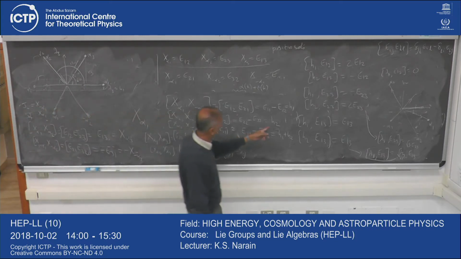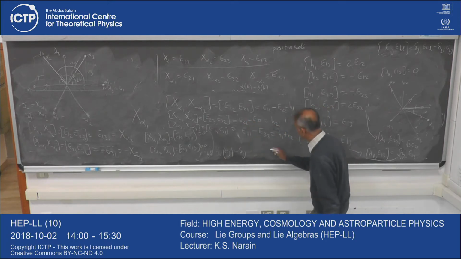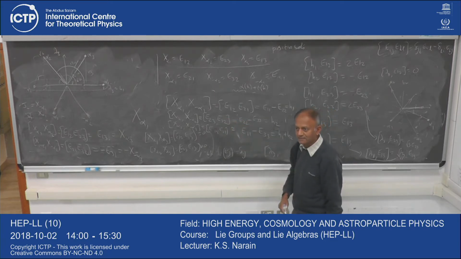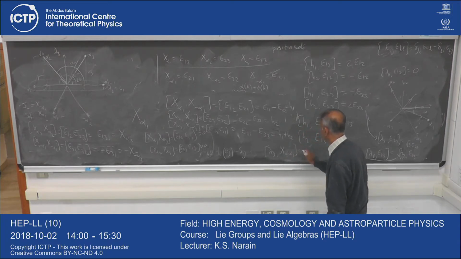A particular combination of H1 and H2 should commute. That lambda 3 combination will commute with X alpha 1 and X minus alpha 1.